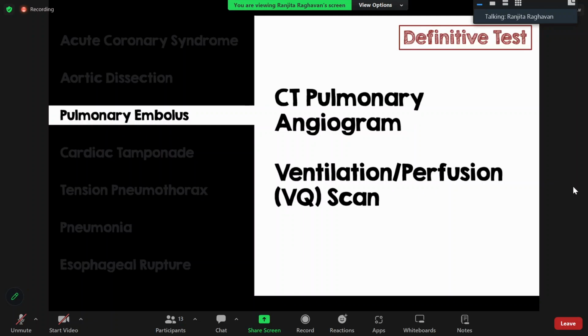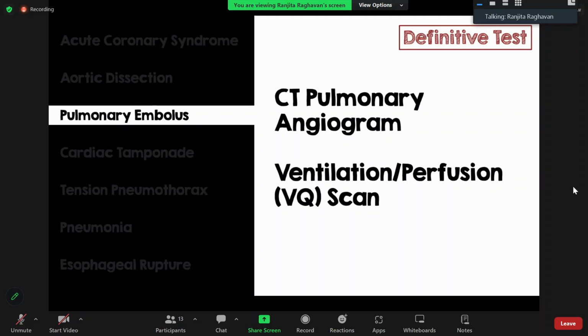But generally, I don't like to use them much, because even if the VQ is positive, all it means is that you have to get a CT then. And a lot of times what they use in the VQ scan is going to give you as much or maybe more radiation as a CT.